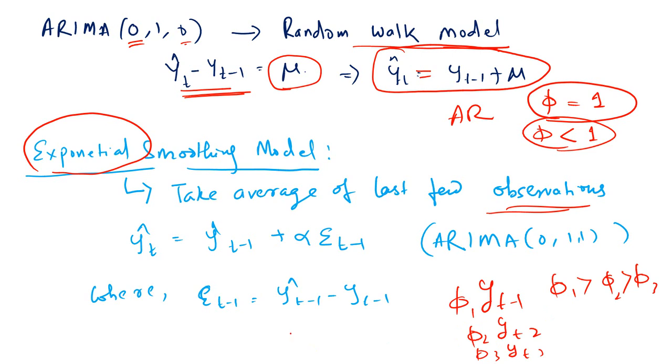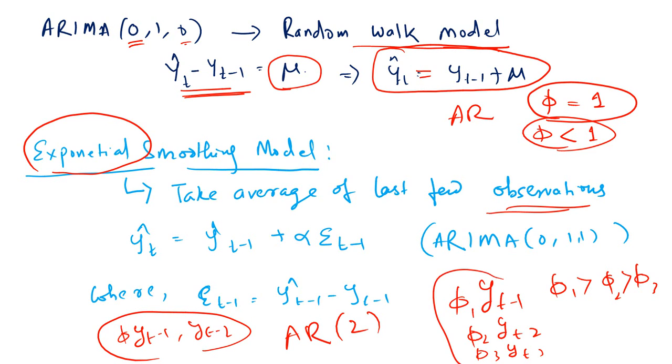Now if you compare this with the AR model, let's say an AR(2) model, you have got yt-1 and yt-2. There is no guarantee that the coefficient of yt-1 is greater than the coefficient of yt-2. There is no constraint as such, but in the exponential smoothing model this is a constraint imposed. It can also be shown mathematically that exponential smoothing models are special cases of the ARIMA models.